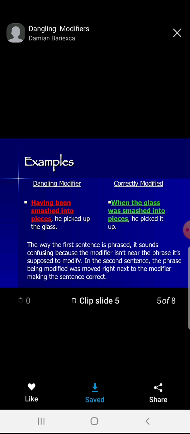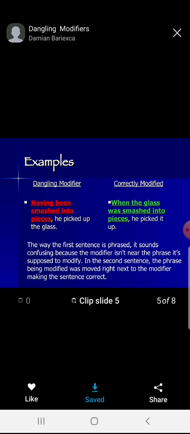Okay? And how do we correct the dangling modifier? Okay. Nah, kalau ini kalimat yang ini dibetulkan jadi when the glass was smashed into pieces, he picked it up. When the glass was smashed into pieces, he picked it up. Nah, jadi dari si dangling modifier, kita pasti paham yang smashed into pieces bukan si he tapi the glass kan.